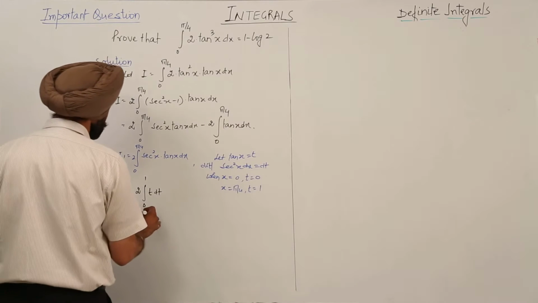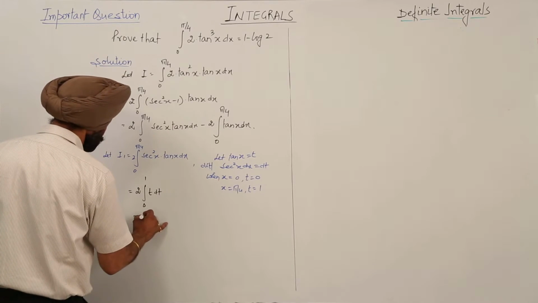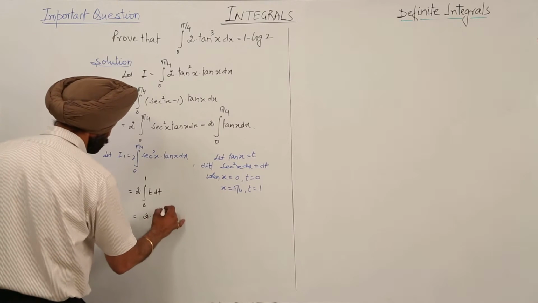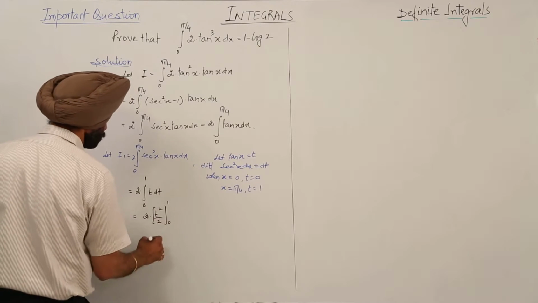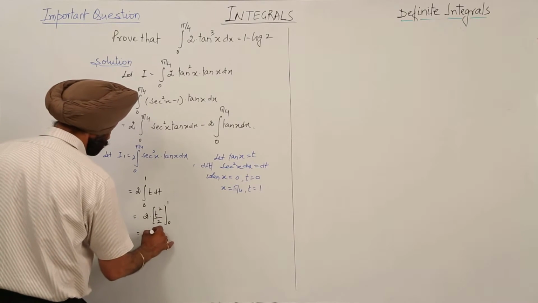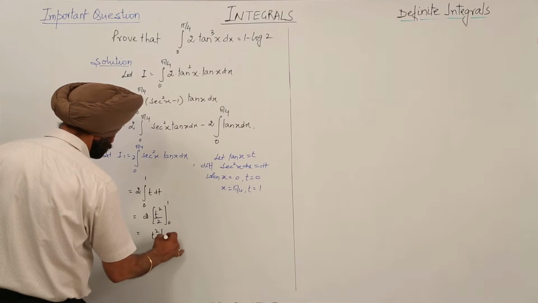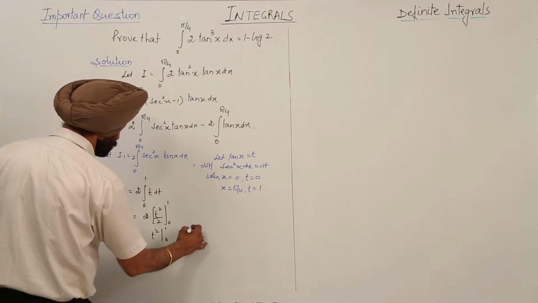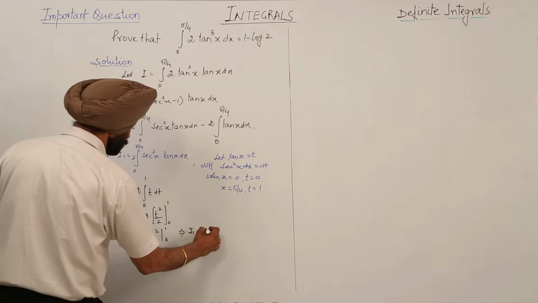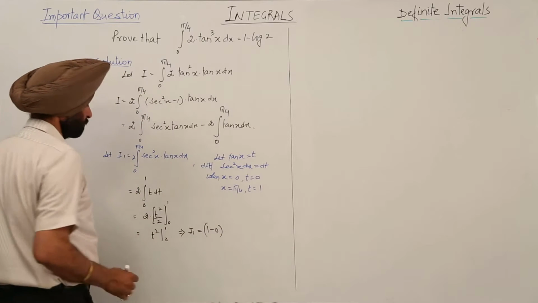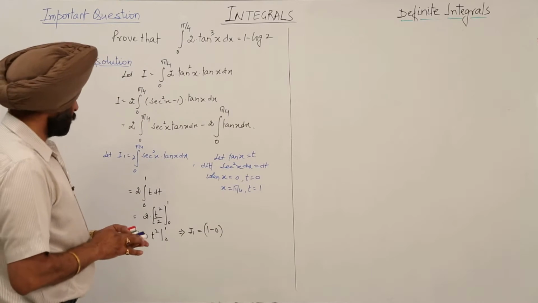Now this becomes 2 times t square upon 2 from 0 to 1. So this becomes t square from 0 to 1, and I1 is equal to 1 minus 0. Okay.